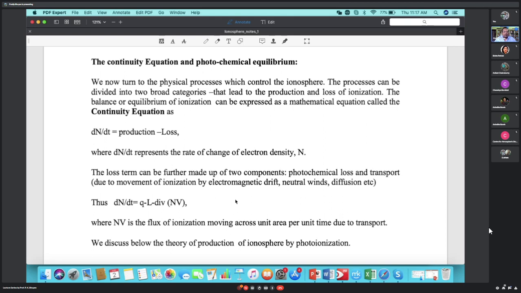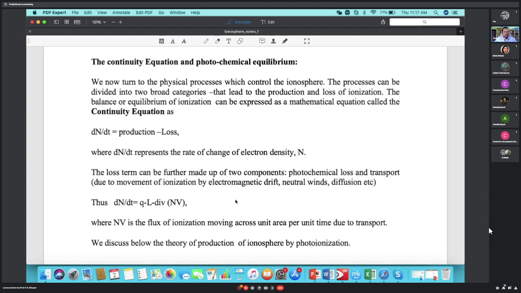So photochemical loss means, in this case, conversion to the atomic state or molecular state. That is not loss as a whole, but loss of ions or electrons, loss of the plasma, not the neutrals.